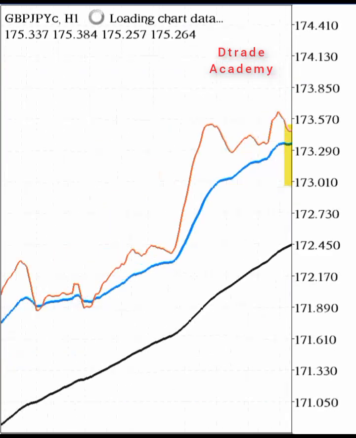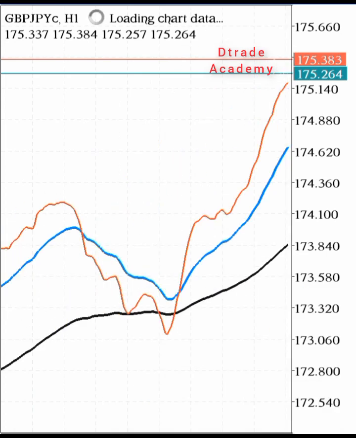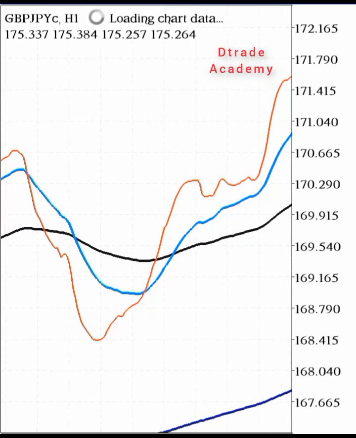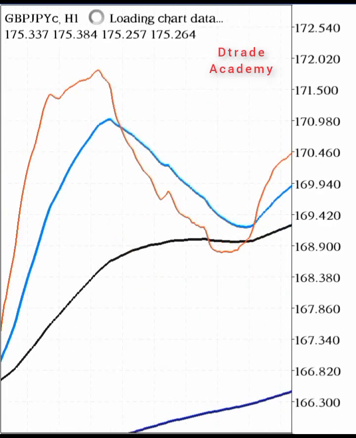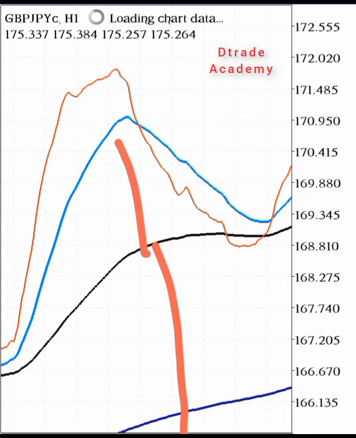GBPJPY. Yes, looking at this pair, where is our deep blue indicator, we can see how finely spaced. Okay, let me zoom. Yes, this is it. You can see how finely spaced the indicators are.